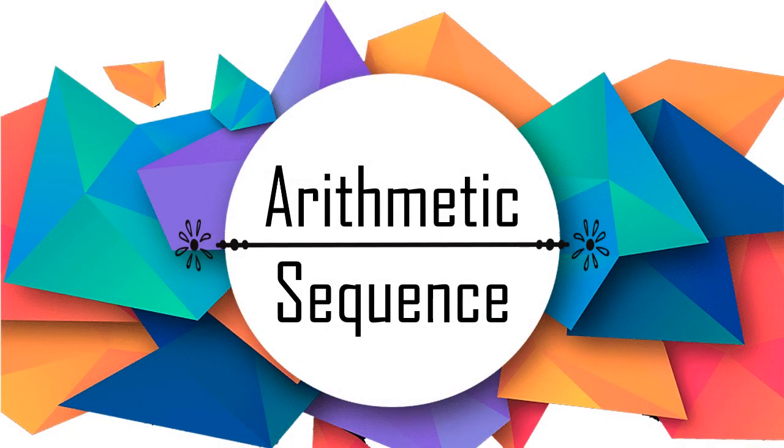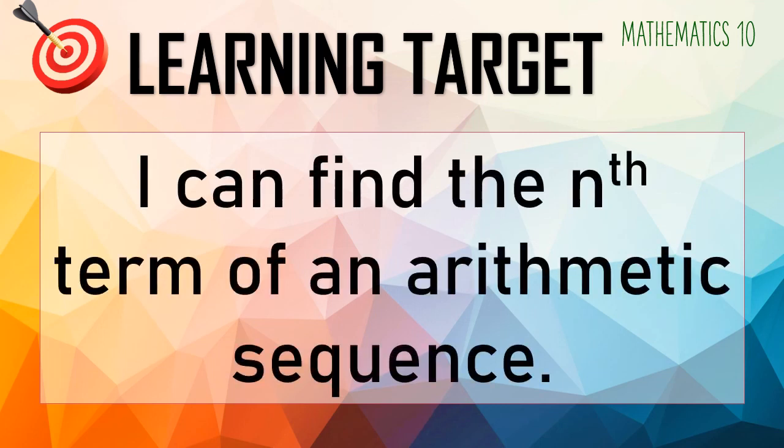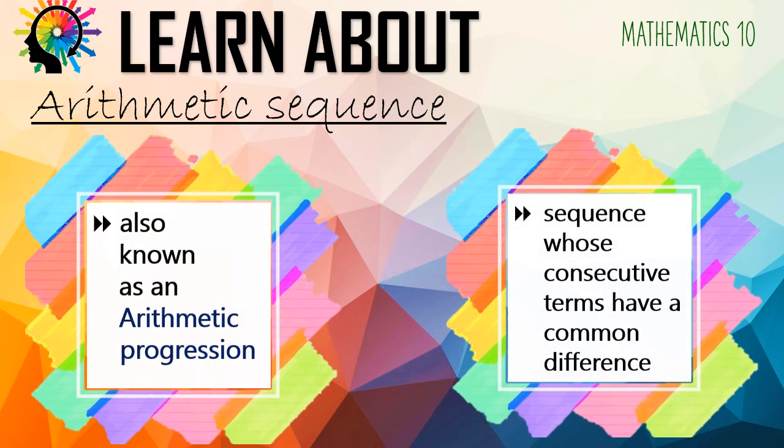Arithmetic sequence. Our learning target for this video: I can find the nth term of an arithmetic sequence. So first, what is an arithmetic sequence? An arithmetic sequence is also known as an arithmetic progression.